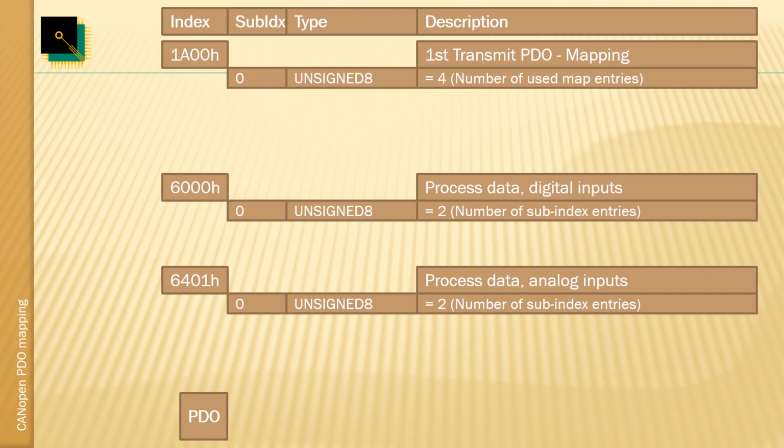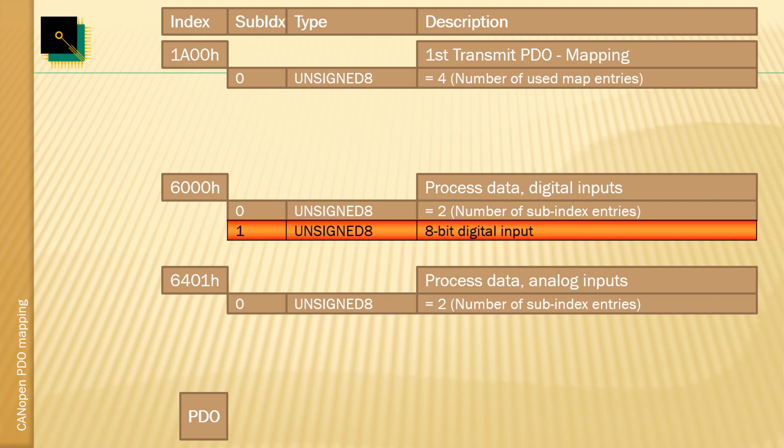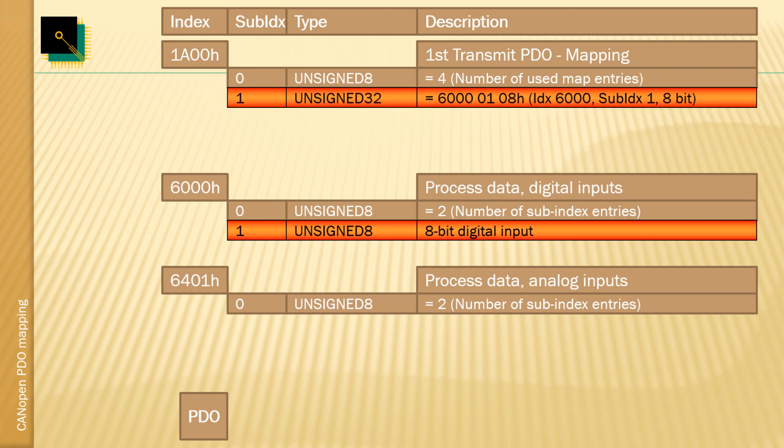At each index, we have an array, a list of mapping entries, and they determine the contents of the PDO. Whatever the first entry in the list is, in this case 6001, so index 6001, 08, so 8 bits, 1 byte, is mapped first into the PDO.